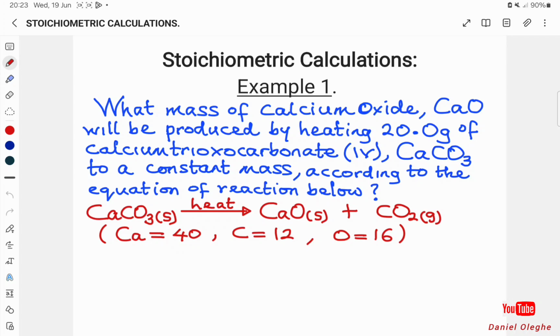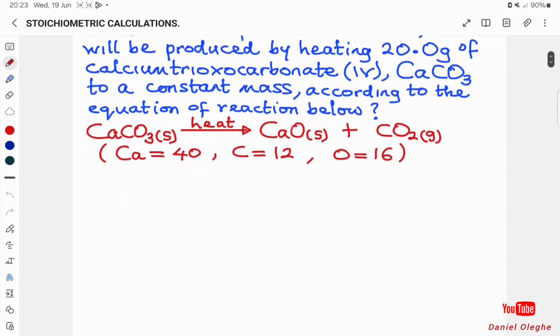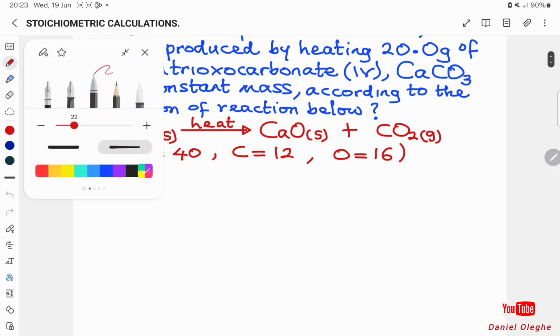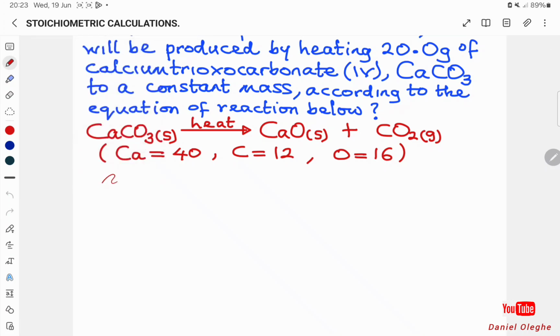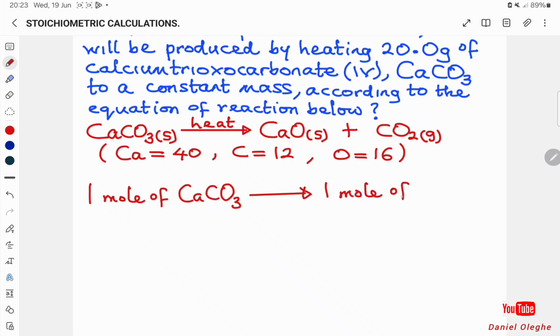We are going to start from the equation. In the equation, we have 1 mole of the calcium carbonate heated to produce 1 mole of calcium oxide.